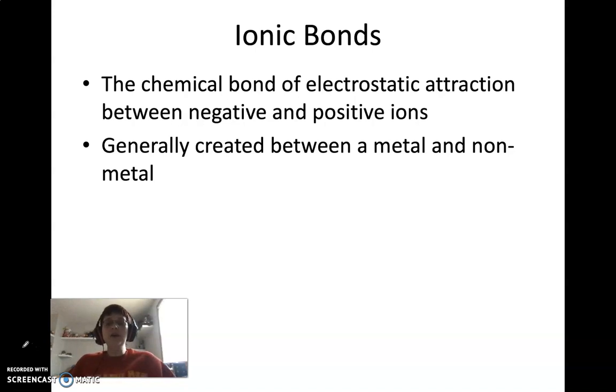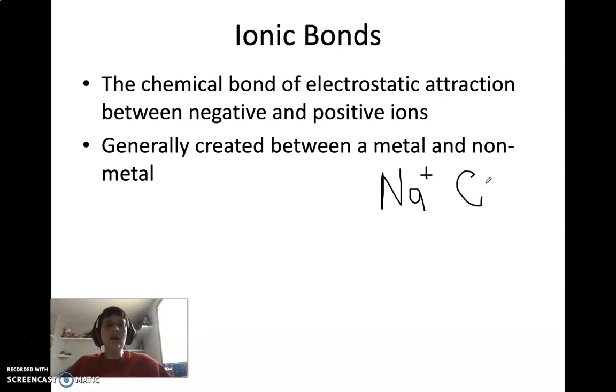So ionic bonds are generally going to be created between a metal and a non-metal. And that is because, if you remember from what we've been seeing when we make an ion, something like sodium is going to make positive ions because metals tend to lose their electrons.